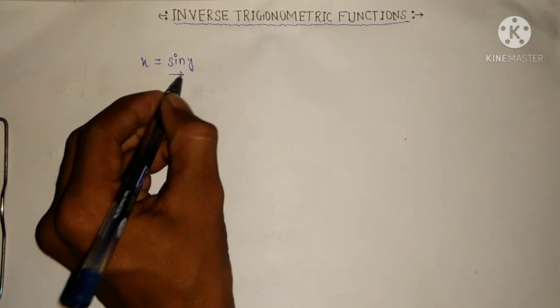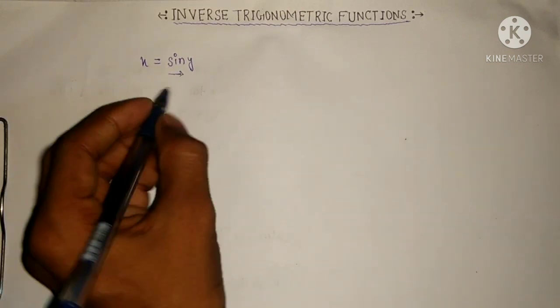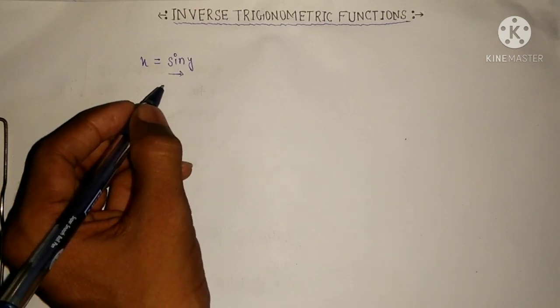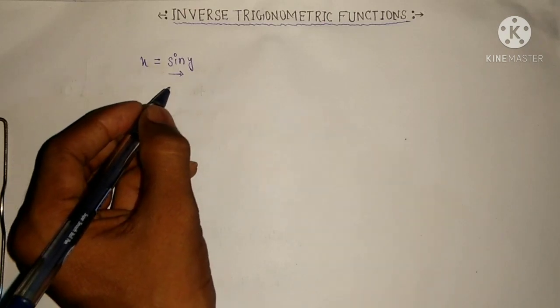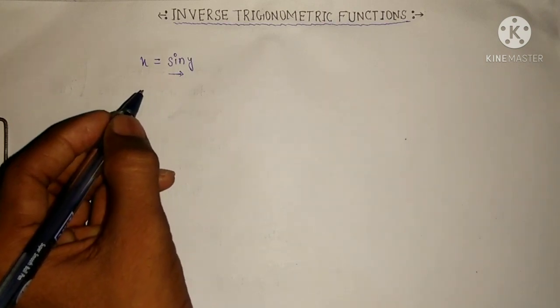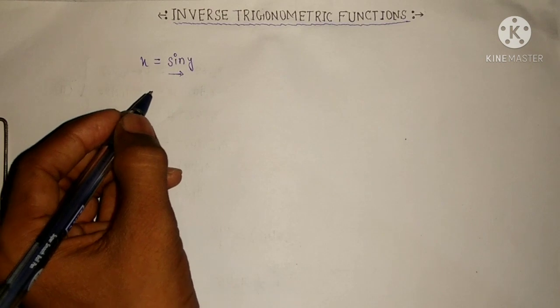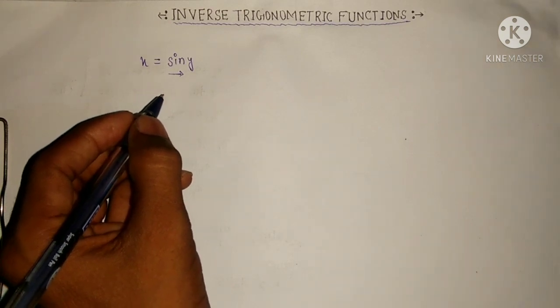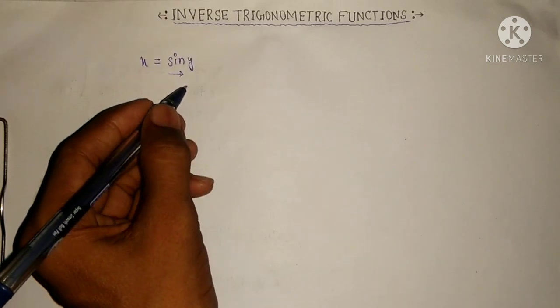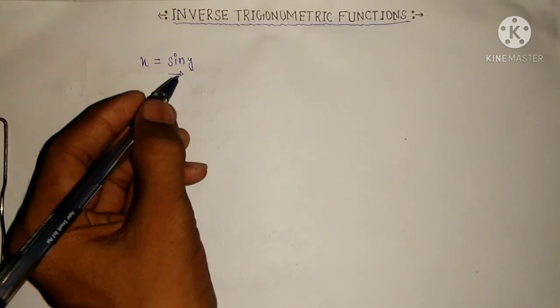If you want to change the trigonometric function into angle form, it becomes the inverse trigonometric function, and the inverse trigonometric function is changed back into the trigonometric function.